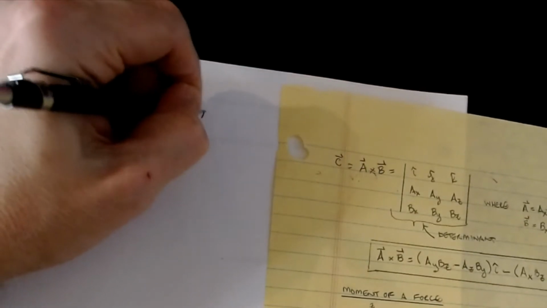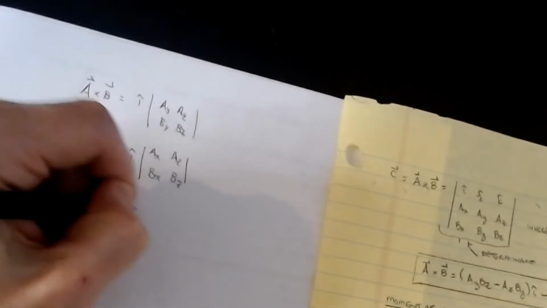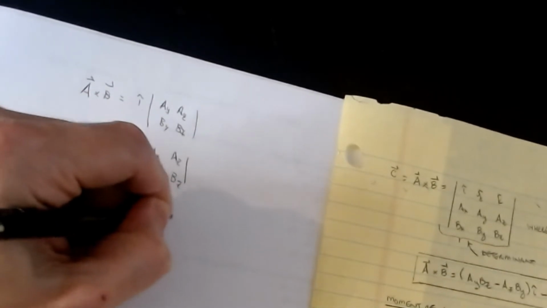So I can say that A cross B is going to be equal to I of AY, AZ, BY, BZ, okay, is the first term, minus J, and that will be AX, AZ, BX, BZ, okay, plus K, which will be AX, AY, and BX, BY.